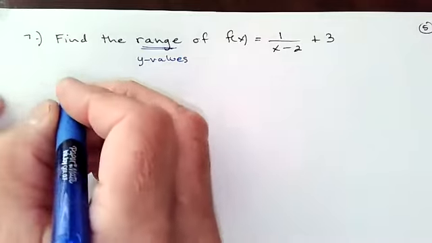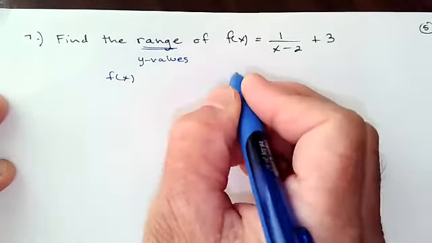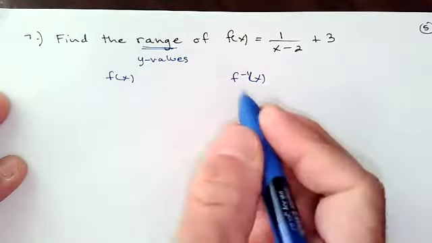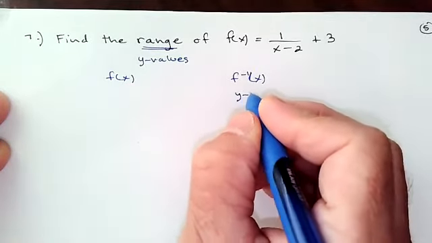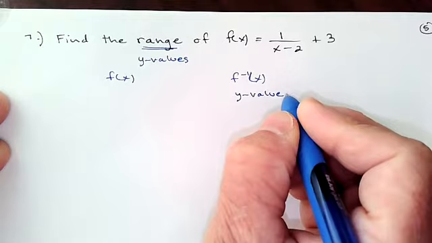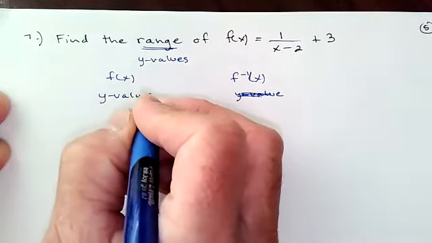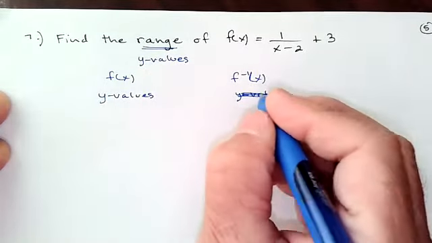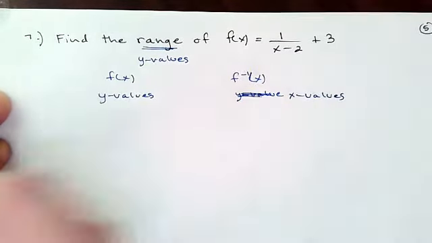if we think about f of x and f inverse of x. And now we know that we switch the x and y values. So if I was interested in the y values for f of x, which I am, remember we switch the x and y values, so that would correspond to the x values of f inverse of x, right?